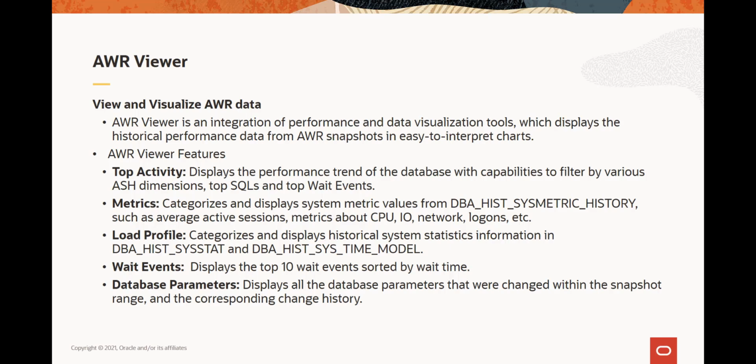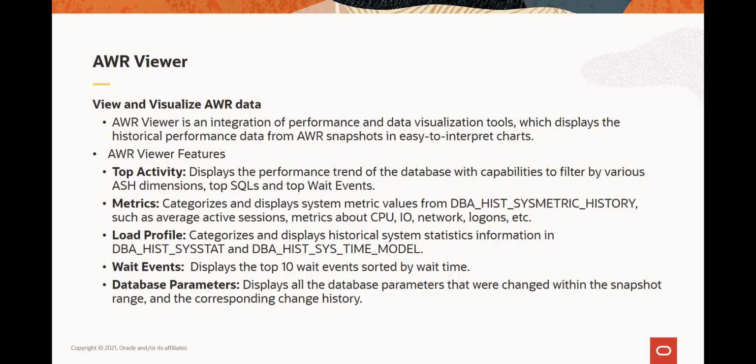The AWR features include Top Activity, which displays the performance trend of the database with capabilities to filter by various ASH dimensions, top SQLs, and top wait events. Metrics categorizes and displays system metric values from DBA_HIST_SYSMETRIC_HISTORY, such as average active sessions and metrics about CPU, I/O, network, logons, etc. Load profile categorizes and displays historical system statistics information in DBA_HIST_SYSSTAT and DBA_HIST_SYS_TIME_MODEL.